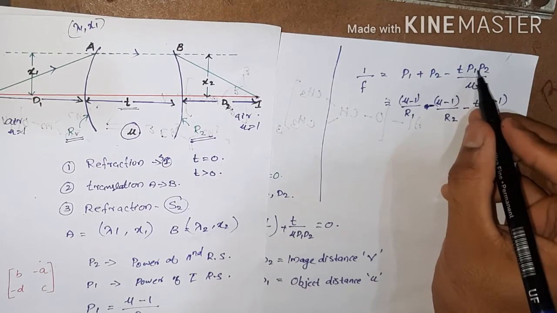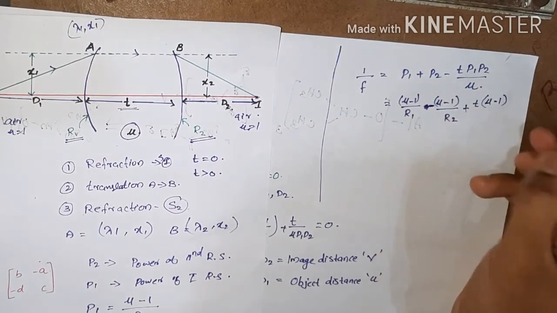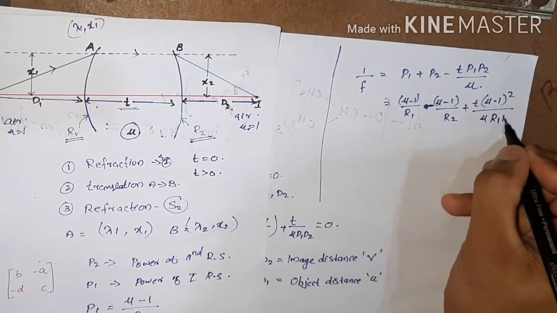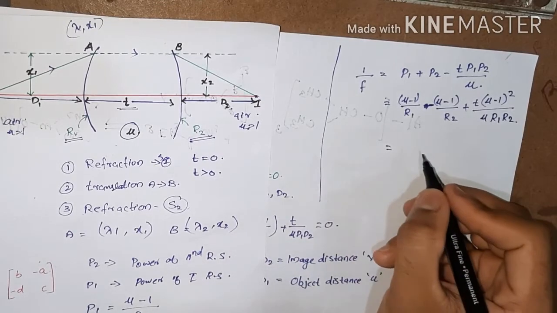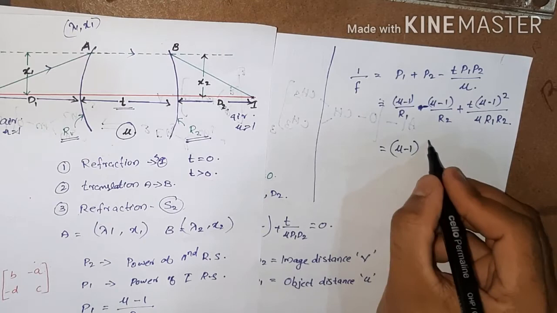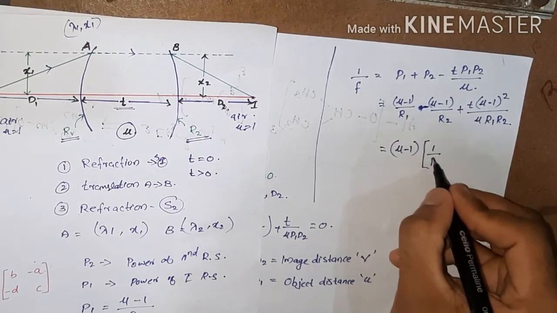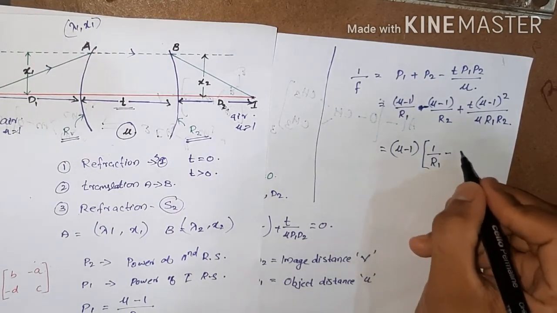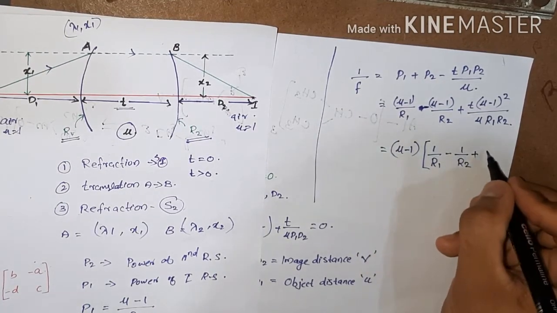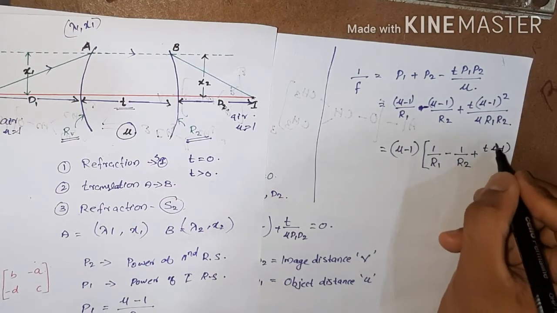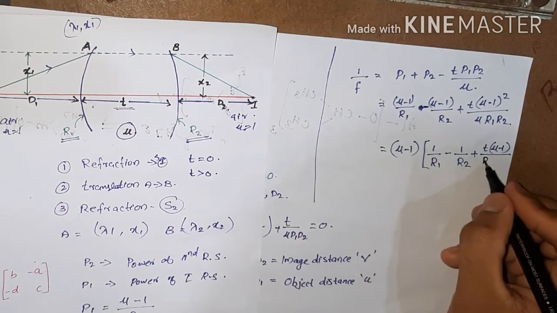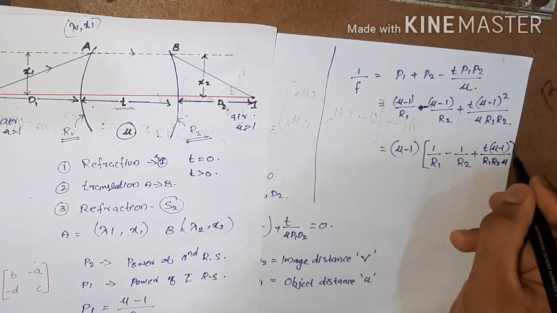So this whole term will be negative, so this negative will become positive: mu minus 1 whole square divided by mu into r1 r2. I am simply taking this mu minus 1 outside, and I can write it as into 1 by r1 minus 1 by r2 plus t into mu minus 1 divided by r1 r2 into mu.